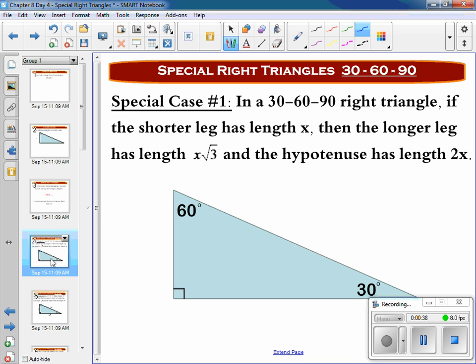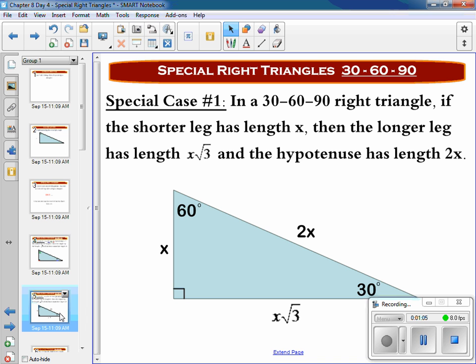In a 30, 60, 90 right triangle, so what that means is they have a 30-degree angle, a 60-degree angle, and a 90-degree angle. If the shorter leg has length x, then the longer leg has length x root 3, and the hypotenuse has length 2x, which is going to look something like this.